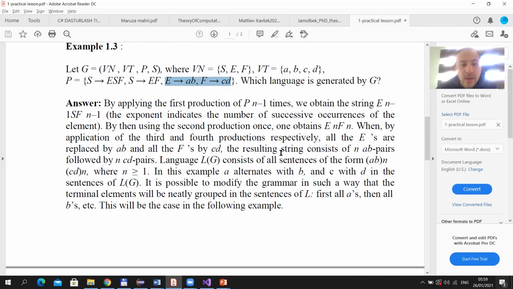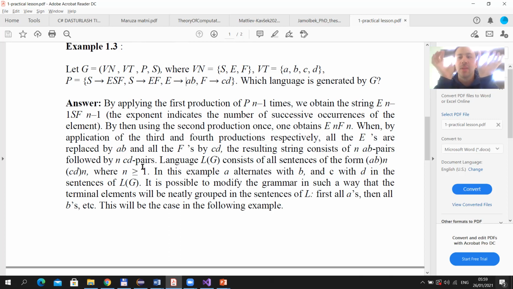So all the E's are replaced by AB, and we replace all the F's with CD. The resulting string consists of n AB pairs followed by n CD pairs.